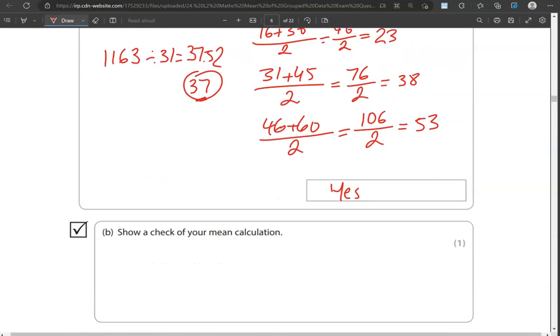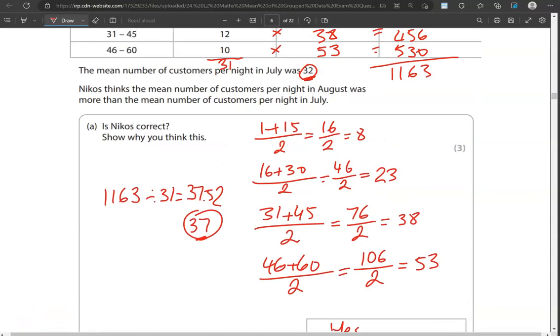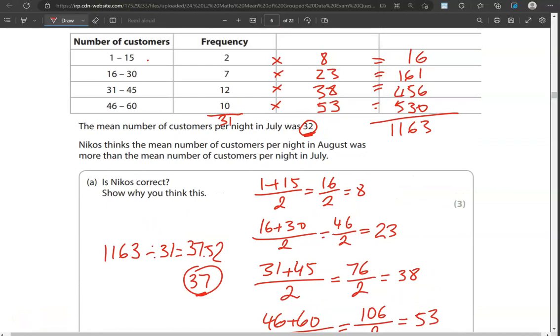Show a check of your mean calculation. So we said this was about 37 customers per night, and frequency was 31.